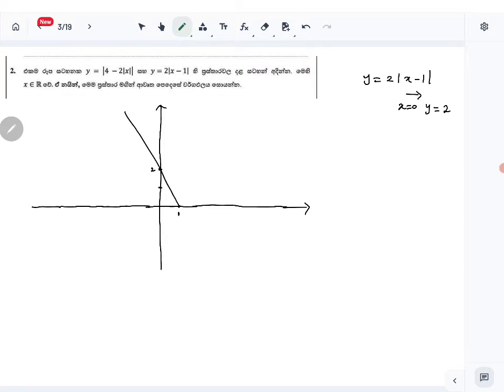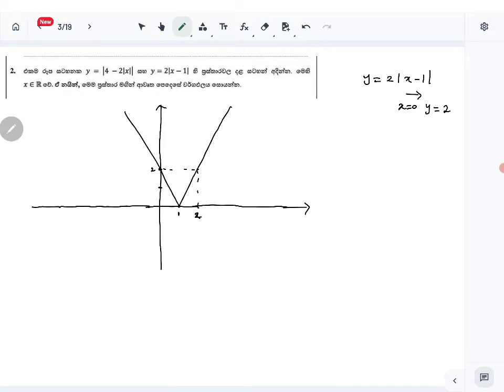Right. That is the negative gradient line. Then the positive gradient line would be the other line. And it's going to be symmetric now. So this is going to be at 2. Let's mark that and draw that line.